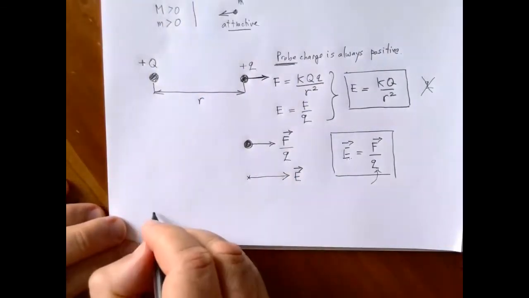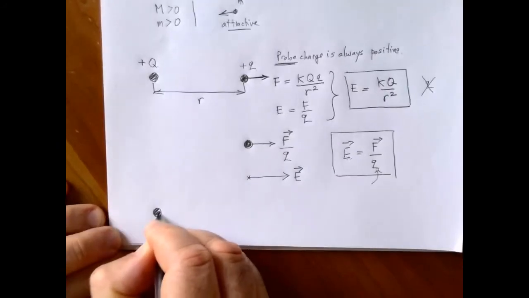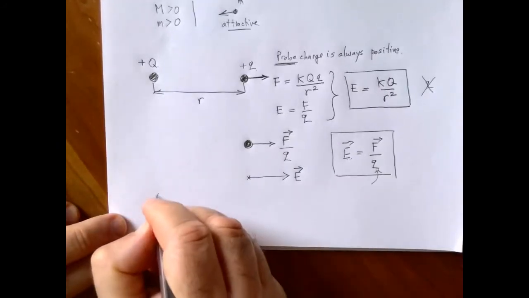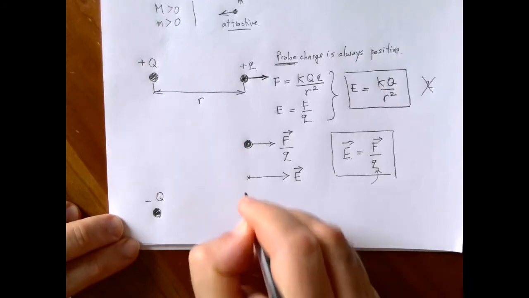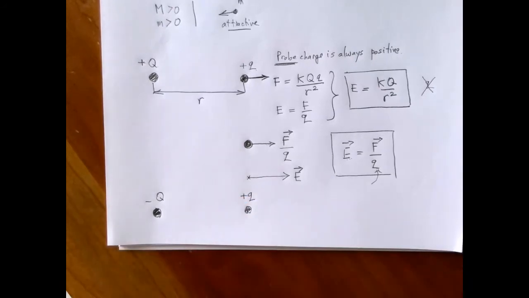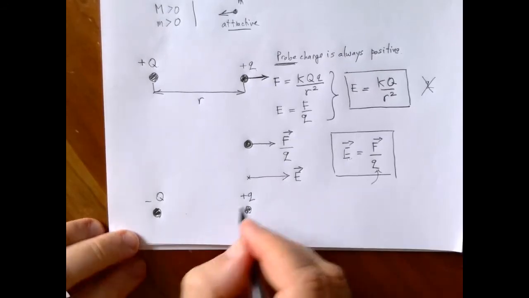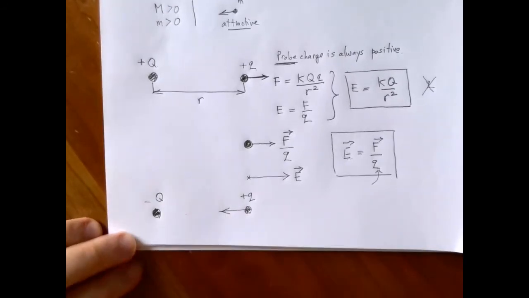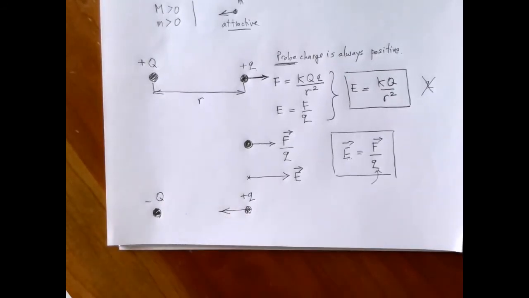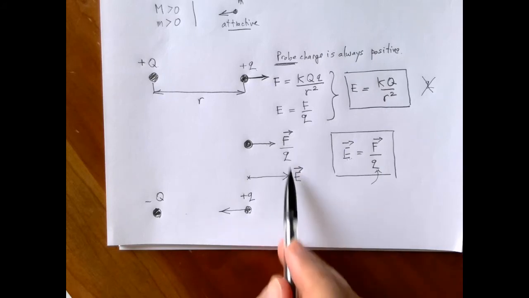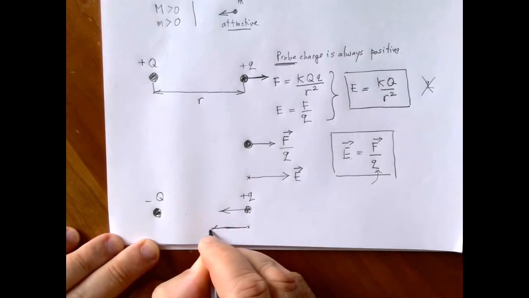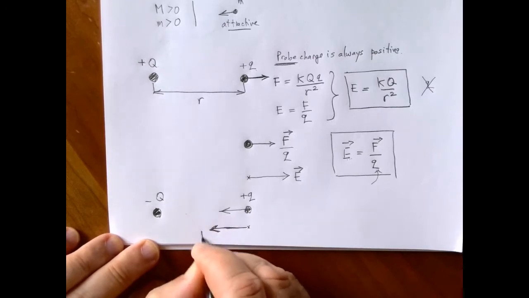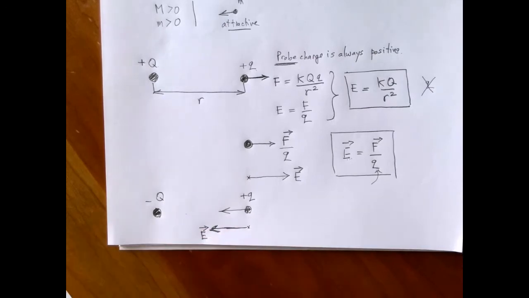Similarly, if charge big Q is negative, I'm bringing my positive probe charge here. Remember, this is always positive. These two charges will attract, and then doing the same thing like we did before, I end up with an electric field being to the left.